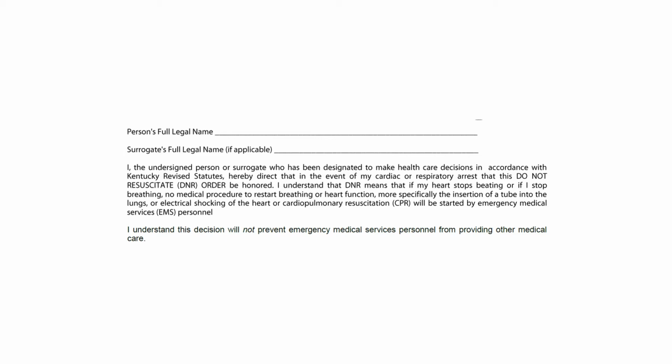You can't fix somebody previous to what they are generally at baseline, but you can give them some more time with their family, and they might have the same quality of life that they had beforehand. So we still treat patients, and if you're ever not sure about what you should do ethically, legally, and you're in this situation, call medical control and consult them.